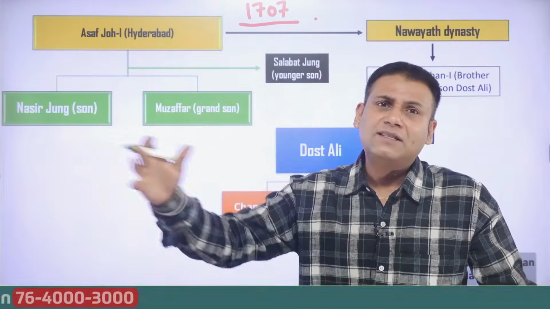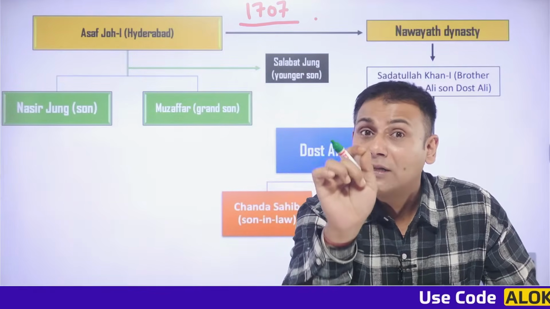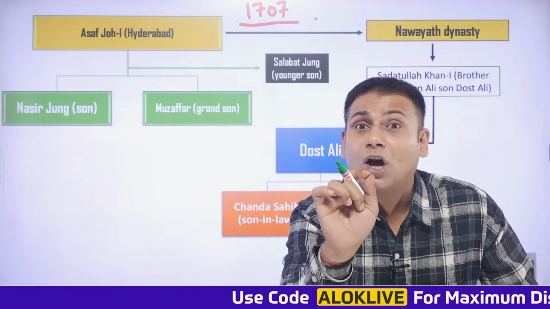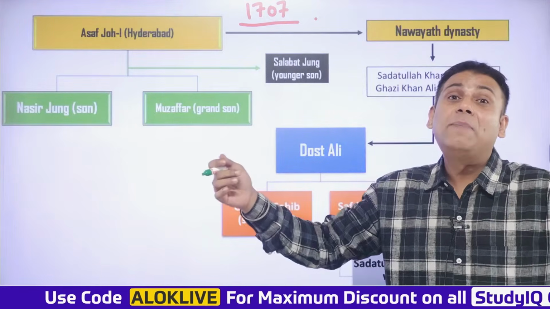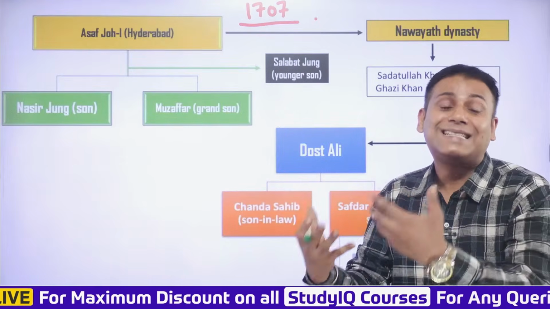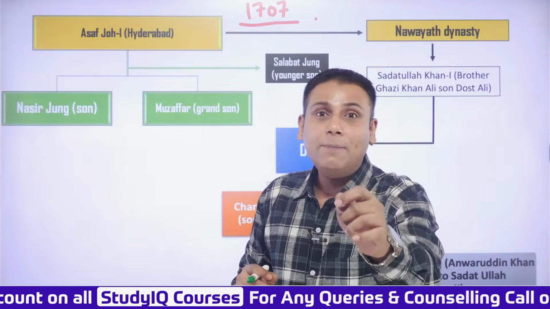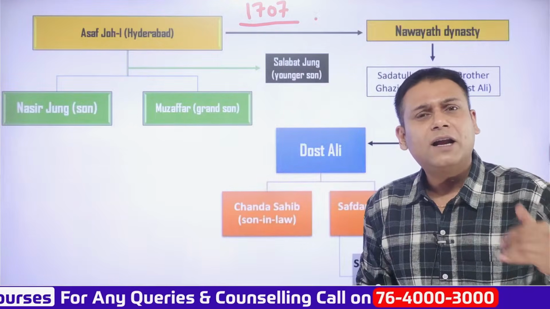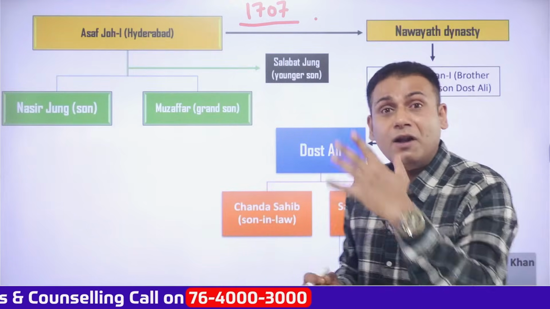So after the death of Aurangzeb in 1707, many provincial governors, many subedars, started declaring their independence, and they were also referred to as successor states. I repeat, after the death of Aurangzeb in 1707, many subedars started declaring their independence, and they were referred to as successor states.